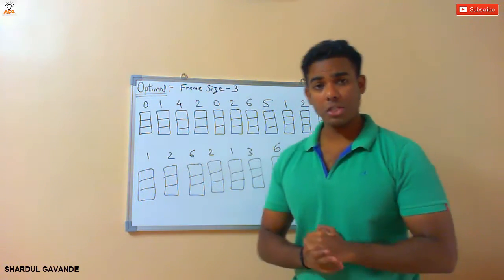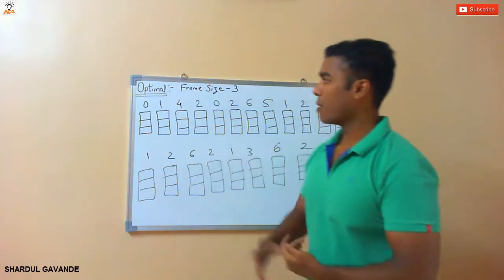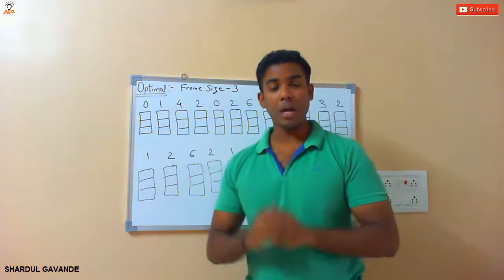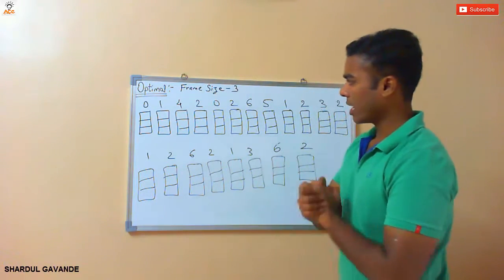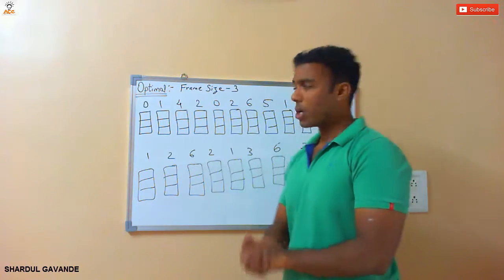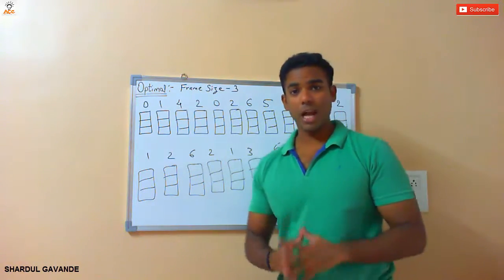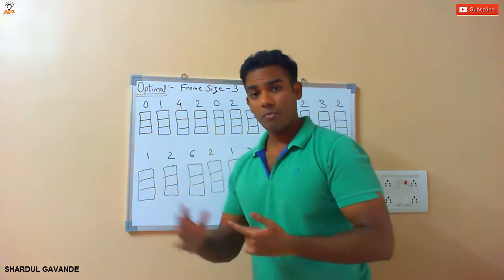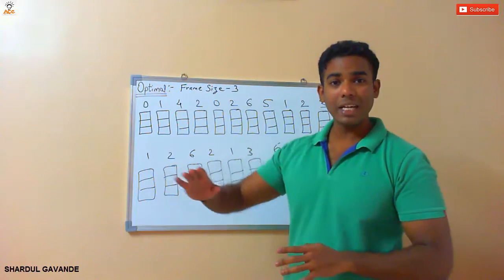The third and last page replacement we will perform is with the help of the optimal page replacement algorithm. Here again we have the same page sequence and frame size of 3. The optimal page replacement algorithm states that we replace the number which will not be needed in the future.